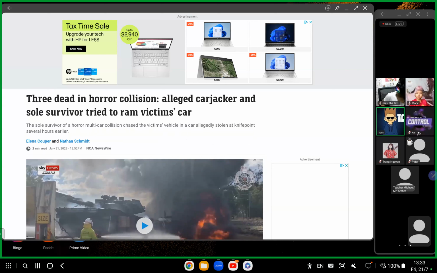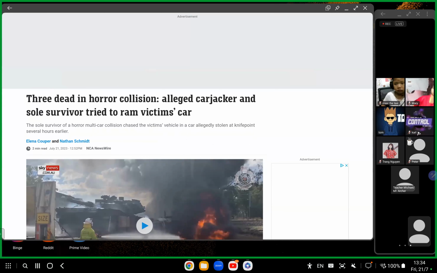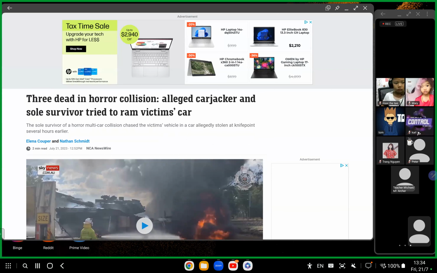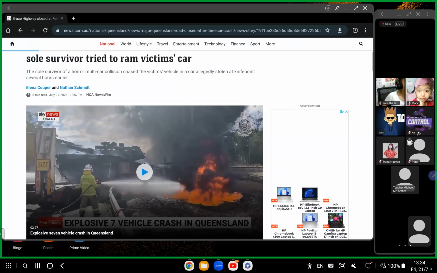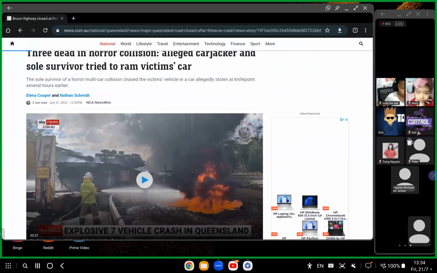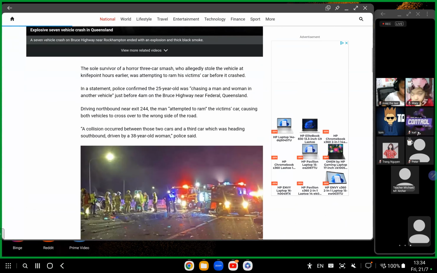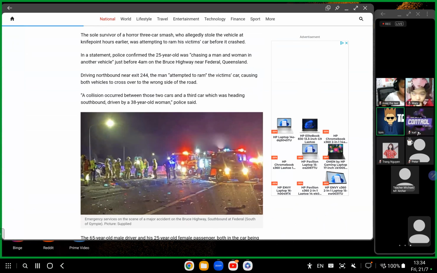So here again, the sole survivor of a horror multi-car collision chased the victim's vehicle in a car allegedly stolen at knife point several hours earlier. So just to be honest, that whole sentence is quite a powerful sentence. It really brings up feelings of, oh, that's not good. That's bad. Good. So let's have a look at this next part.